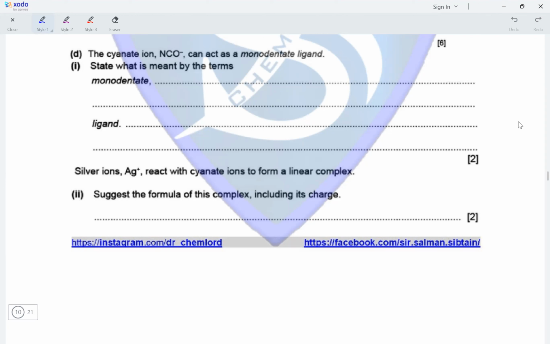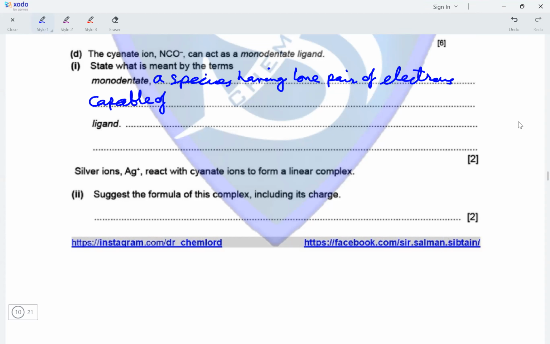It means a species having a lone pair of electrons capable of forming a single dative covalent bond. And this dative covalent bond would be with the central transition metal ion.